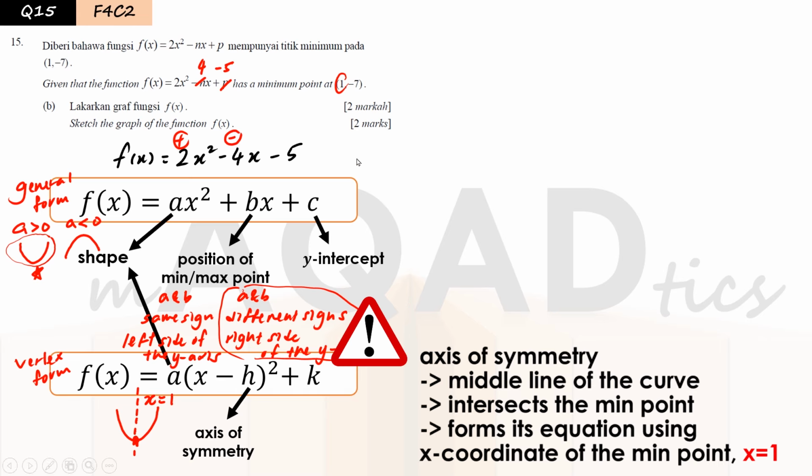Right? It cannot be 1, yeah? The axis of symmetry is not 1, because the axis of symmetry is a line. So we cannot write it as 1, we need to write it as a line equation, which is x equals 1. Alright? So the axis of symmetry is the middle line of the curve, and it touches the minimum point.